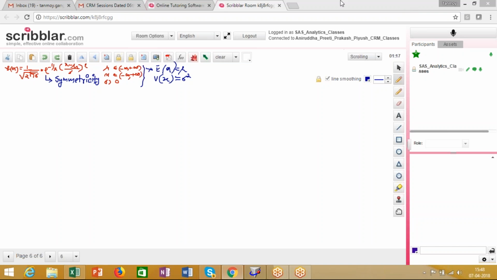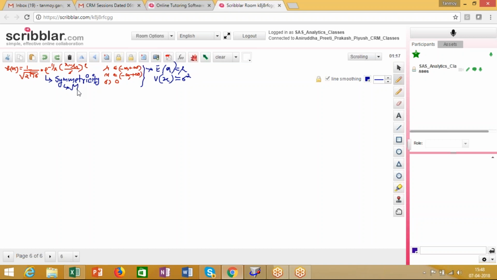Okay, so as we were saying, a normal distribution is characterized by a constant mean and a constant variance. And given that it's a symmetric distribution, the mean, median, and the mode come together.